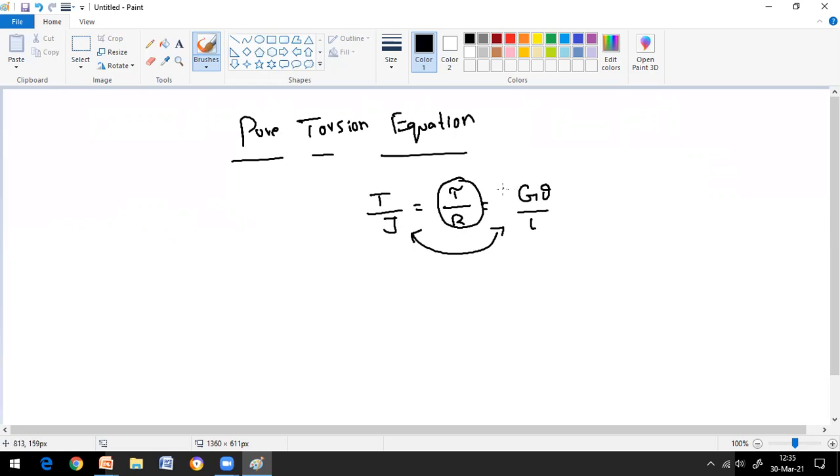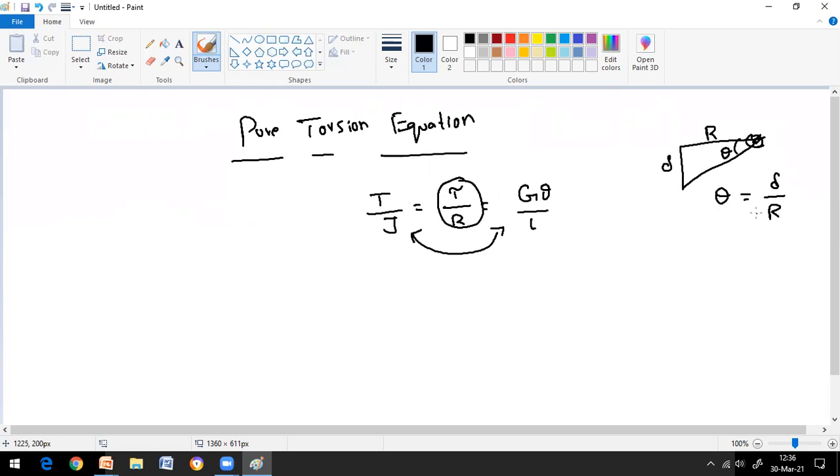Why? Because when it is subjected to elongation, elongation will always happen with respect to theta. Just now we have drawn this. If you take the spring when it is subjected to pull or push, there will be deformation taking place with respect to the radius. So here theta is defined like this.